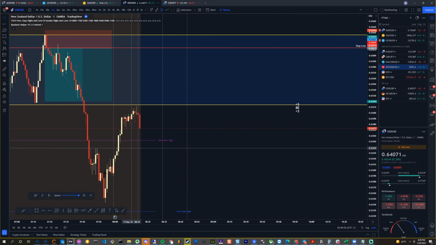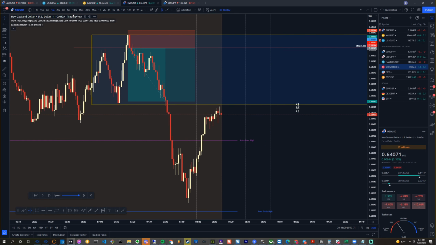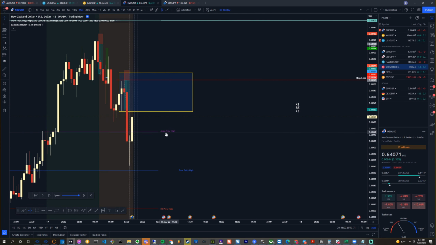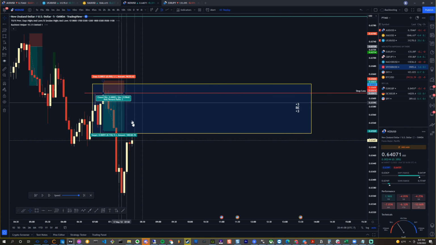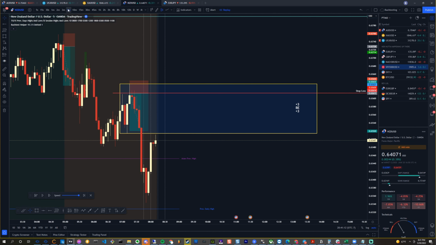Weird price action here. Let me go back 1 candle and see what this is actually doing. Okay, so we almost tapped into our zone of supply. On the 5-minute, it looks a little bit more clear to me.